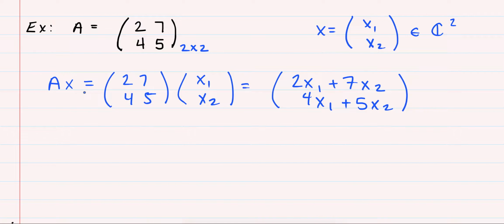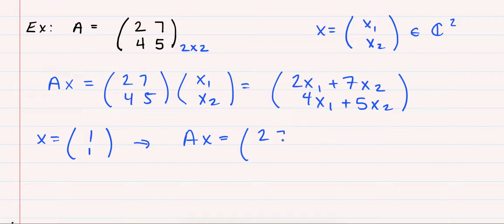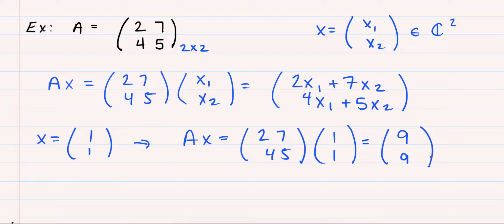Okay. What happens if I choose a specific vector, let's say the vector 1, 1? What is A times x? Well, you can use this formula here, 9, 9.